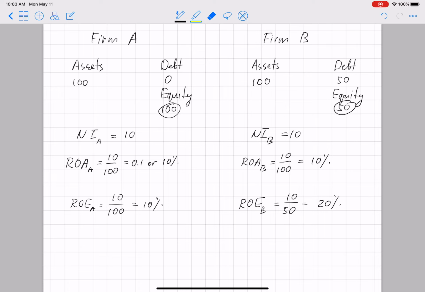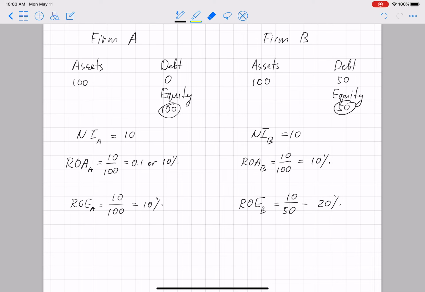And you could always make an assumption that you got debt with 0% interest rate. So let's just imagine that we operate in a very low interest rate environment so that we don't need to worry about exorbitant interest payments. So let's just imagine that interest is equal to 0. So you're getting $50, 0% debt.